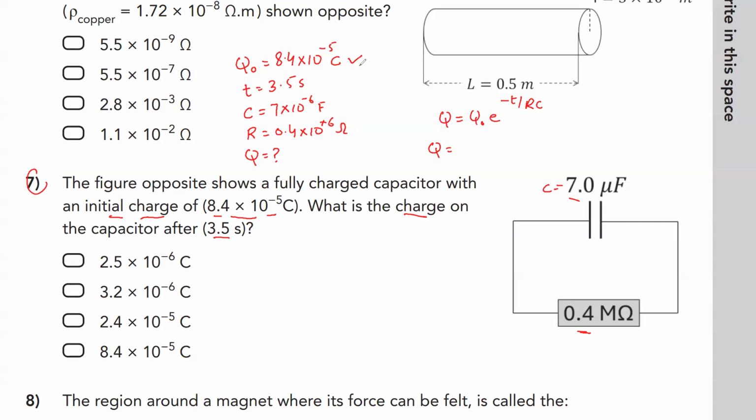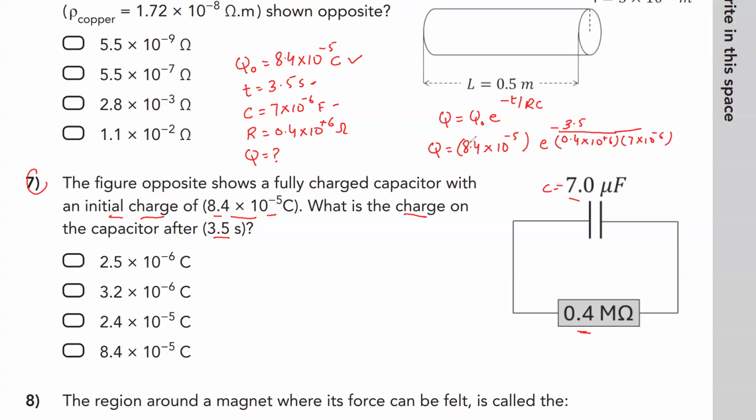So Q = Q0, what is the value of Q0? It is 8.4 × 10^-5, and we have an exponential function, e raised to the power of minus t, which is 3.5, divided by R, which is 0.4 × 10^6, and C, which is 7 × 10^-6.